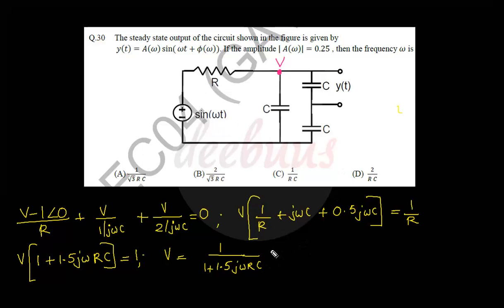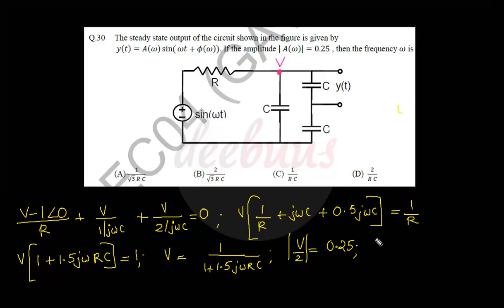Now checking the question, V is actually the voltage across these two capacitors. But in the question, the magnitude of the voltage across a single capacitor is given as 0.25. So that means V by 2, mod V by 2, is given as 0.25.